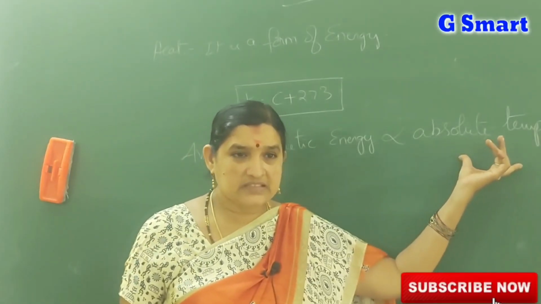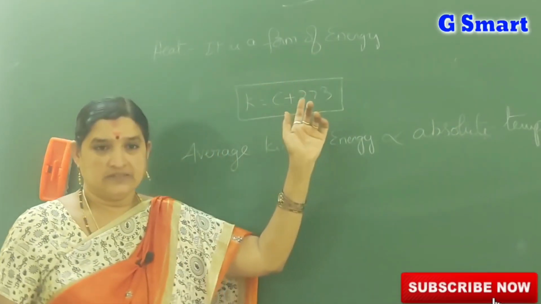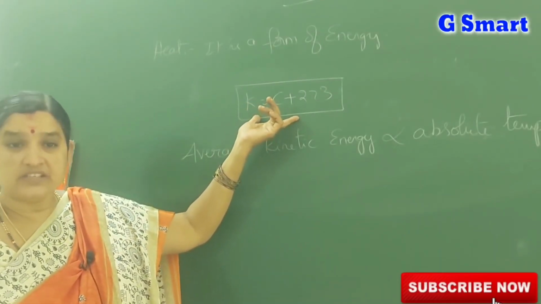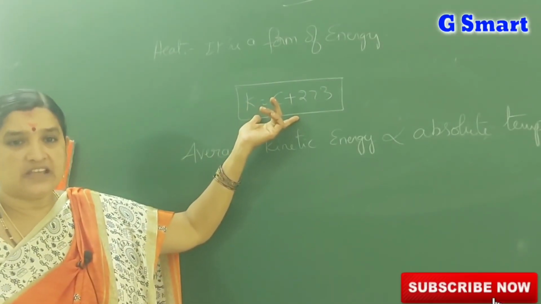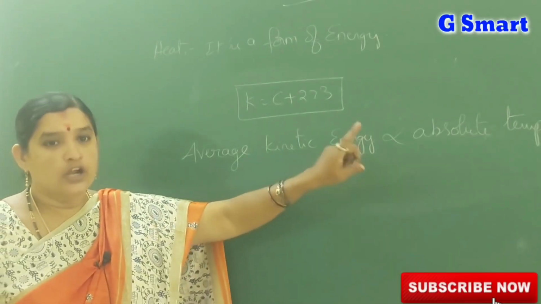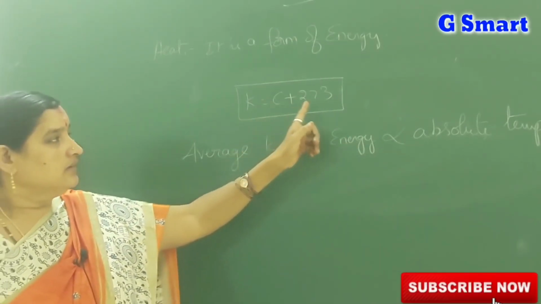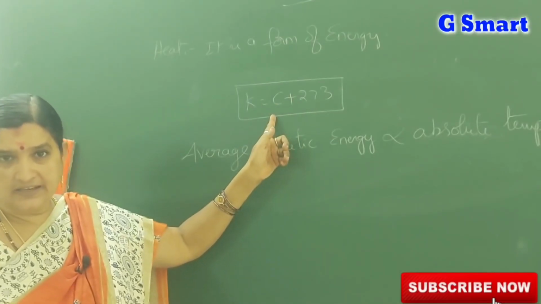Absolute temperature means the temperature which is measured in Kelvin scale. To get absolute temperature, we have to add 273 to the centigrade value.